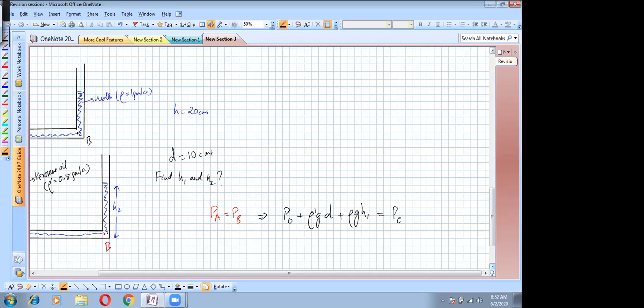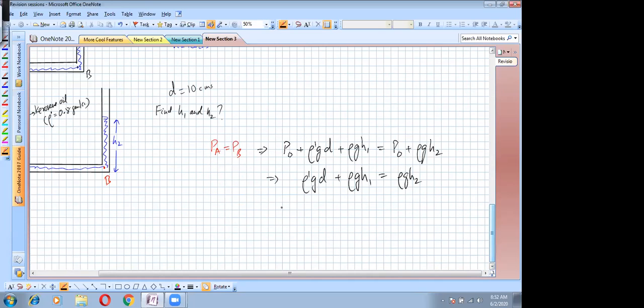It will be atmospheric pressure plus rho g H2. So you have this relation that density of kerosene into g into D plus density of water into g into H1 should be equal to density of water into g into H2.